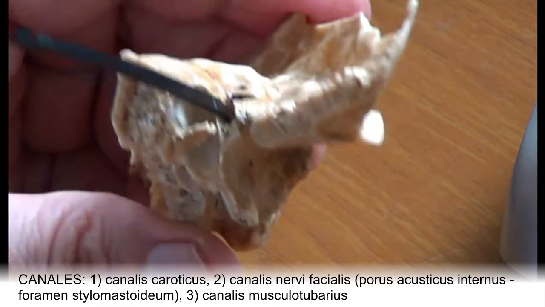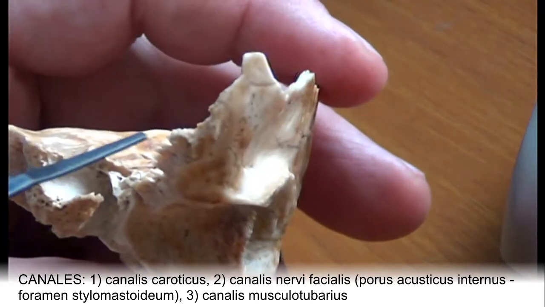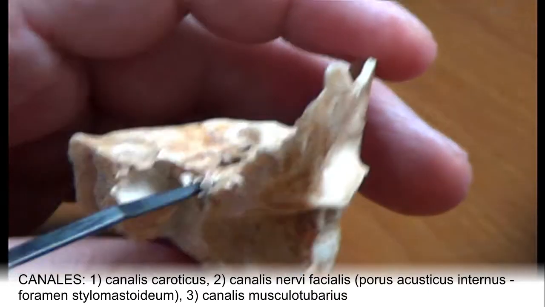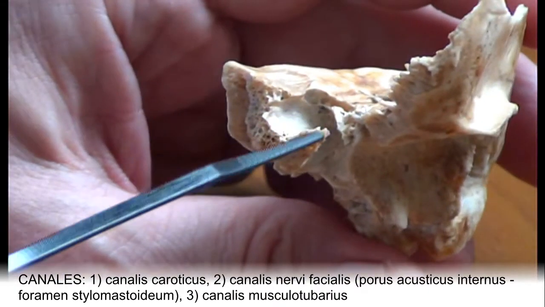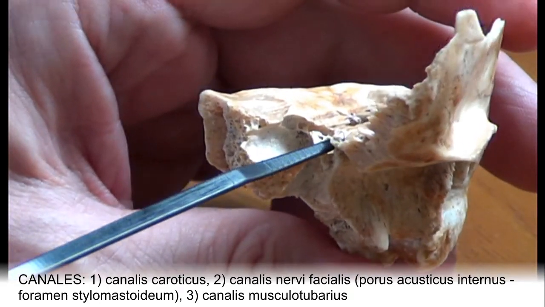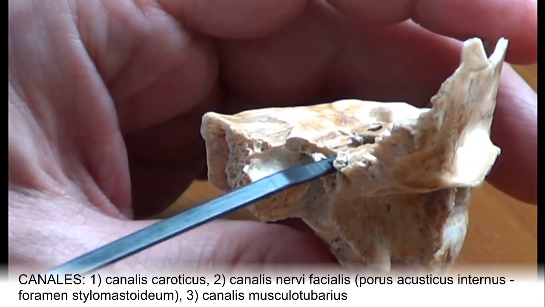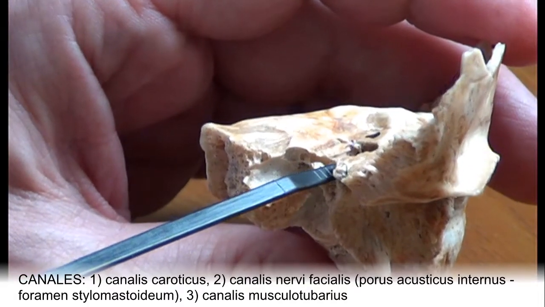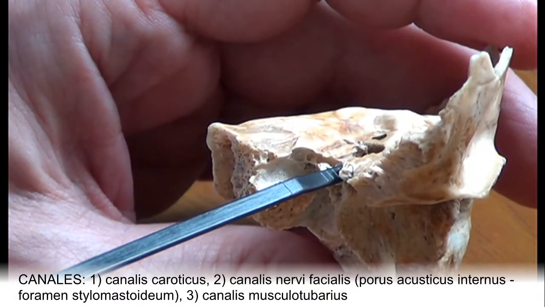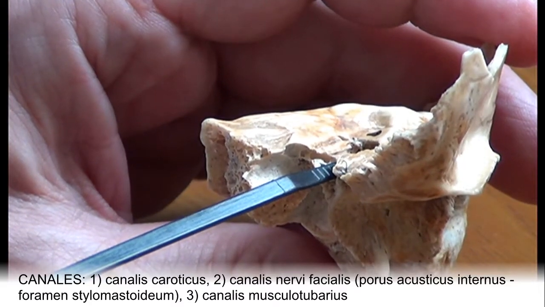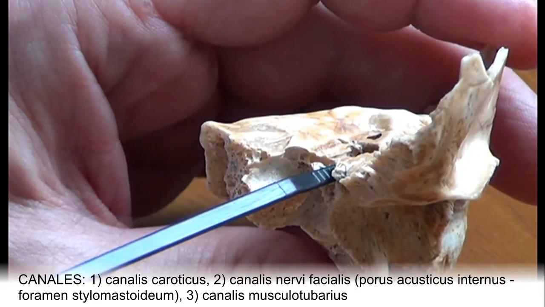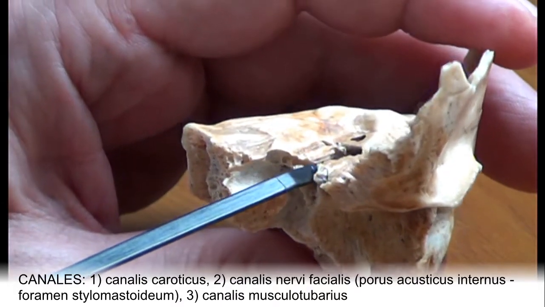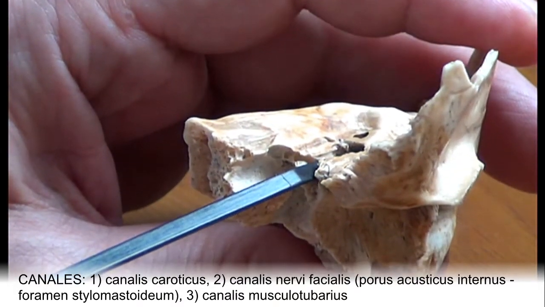So that's why canalis musculotubarius is very important. It enters the middle ear from not the nasal cavity but the pharyngeal cavity.